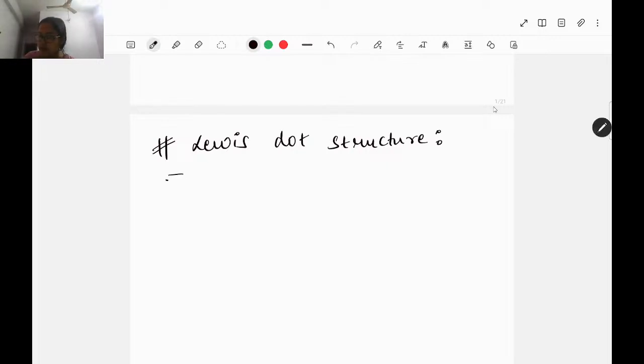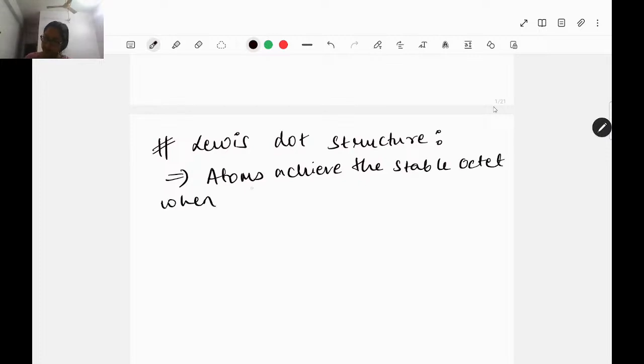He first postulated the octet rule. So what is the octet rule? Lewis postulated that atoms achieve the stable octet when they are linked by a chemical bond. So that is the octet rule.